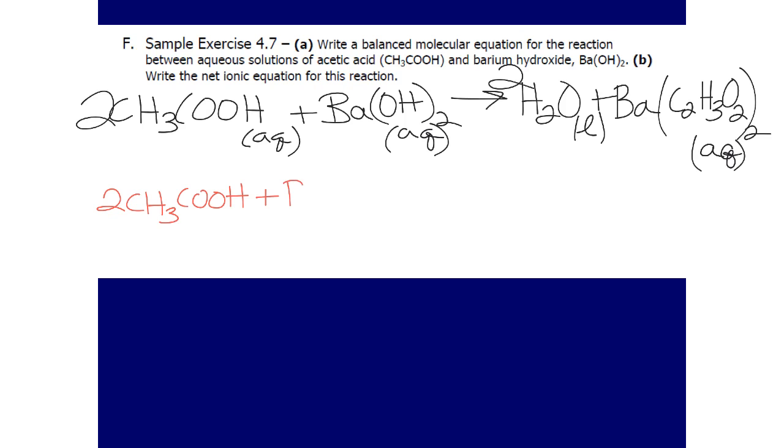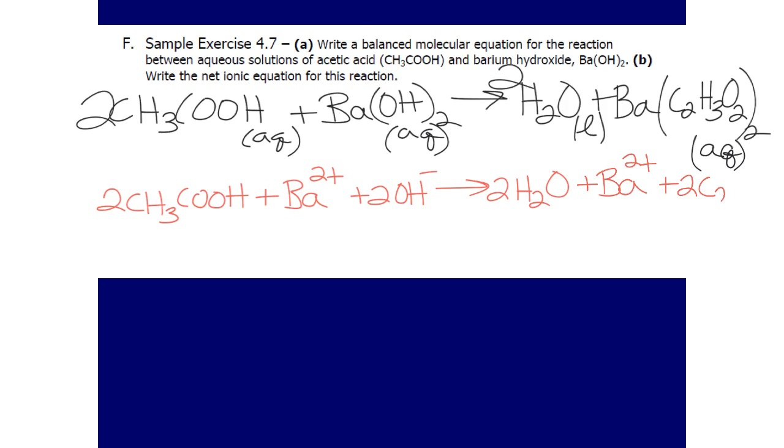Barium hydroxide is one of our 8 strong bases, so that would ionize. Water is not one of our 7 strong acids, it is not one of our 8 strong bases, and it is not a soluble ionic compound, so water stays together. Barium acetate is soluble because acetates are always soluble, so we will show that being ionized.